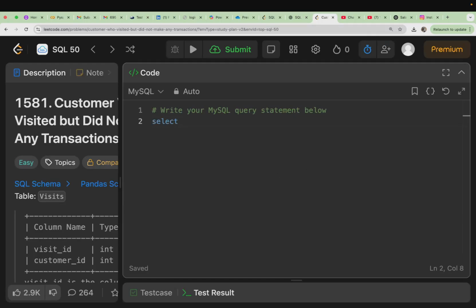So we'll write select, we need the column customer ID and the count of visits in which he hasn't made any transactions. So let's write down count of visit ID from table, the first table is visits, and we need to join it with table transaction.